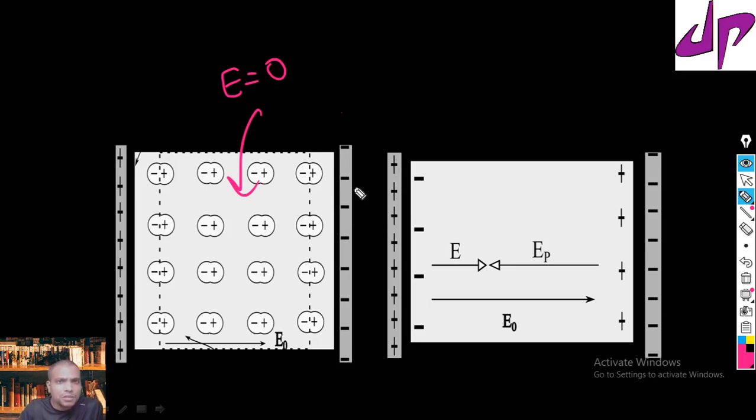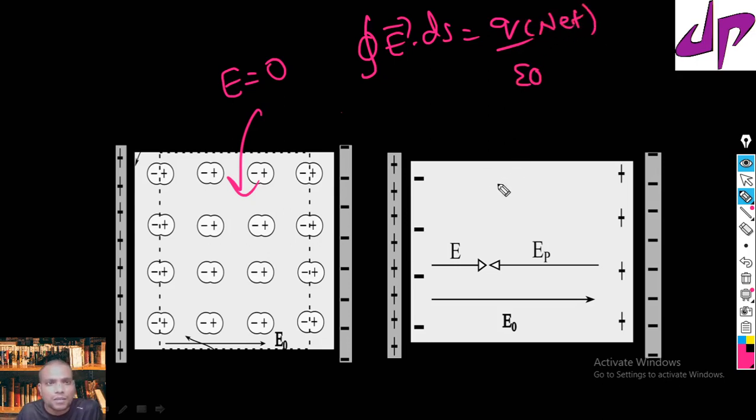Why? Because the electric field is 0. According to Gauss's theorem, the closed integral of E dot ds equals q by epsilon naught. Here the total charge is the net charge, and the net charge in this case equals 0.